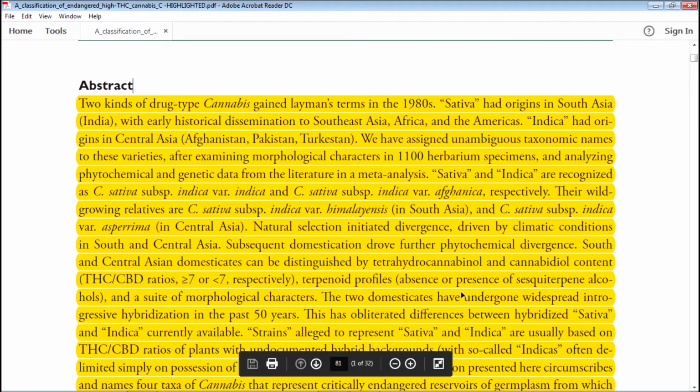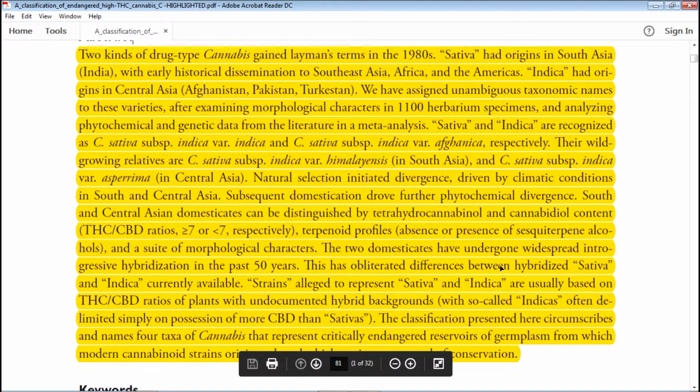The two domesticates have undergone widespread introgressive hybridization in the past 50 years. This has obliterated differences between hybridized sativa and indica currently available.